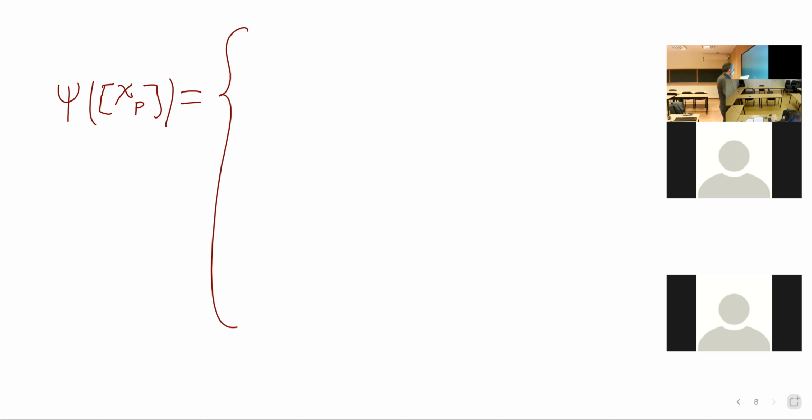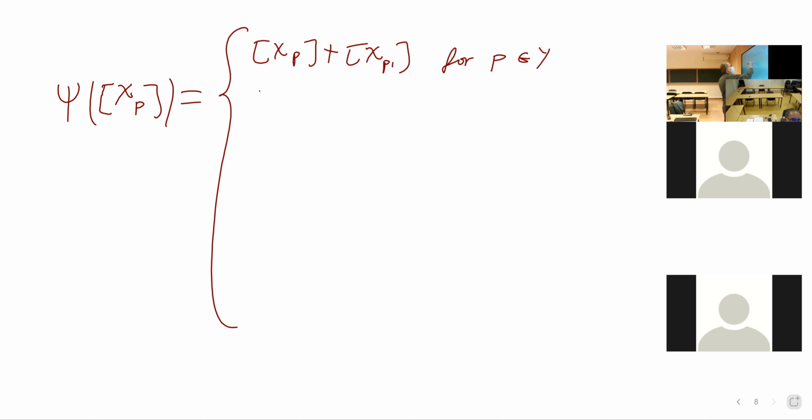Now I also need the formula for psi. I have the formula for psi inverse, but now to make these calculations possible, I have to recall the formula for psi. So psi of a class of chi p, and here I have 6 cases. I have chi p plus chi p prime for p in y.